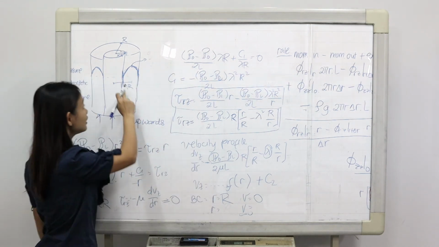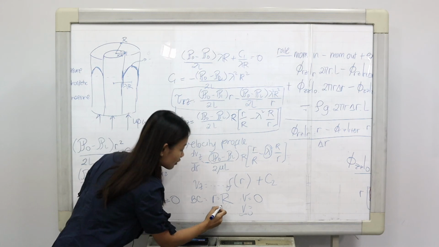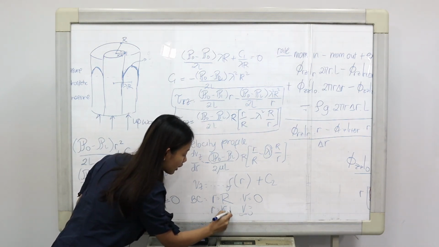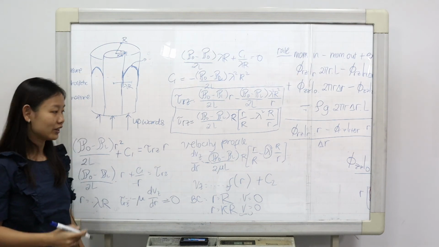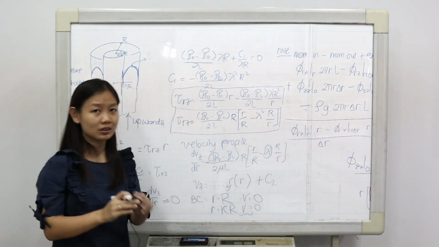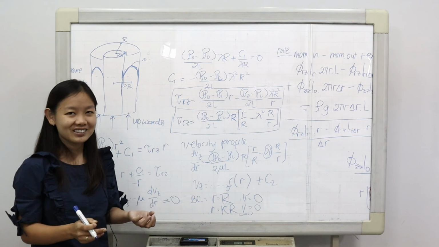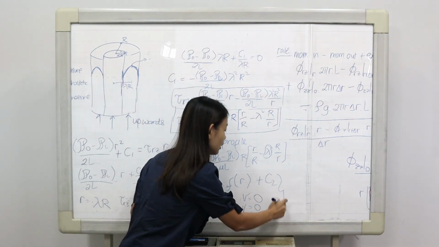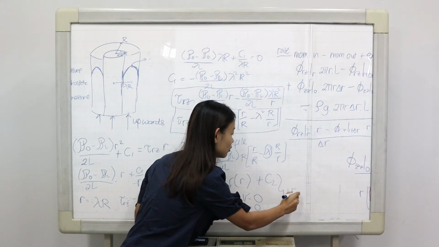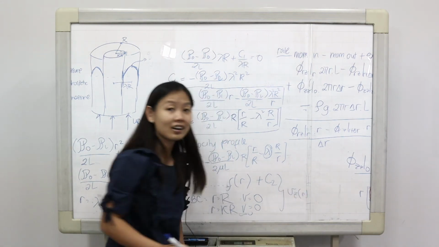Next, at r equal to kappa R, the velocity is 0 as well. You can solve this equation, which I think is pretty easy, and you will get the velocity profile as a function of r.